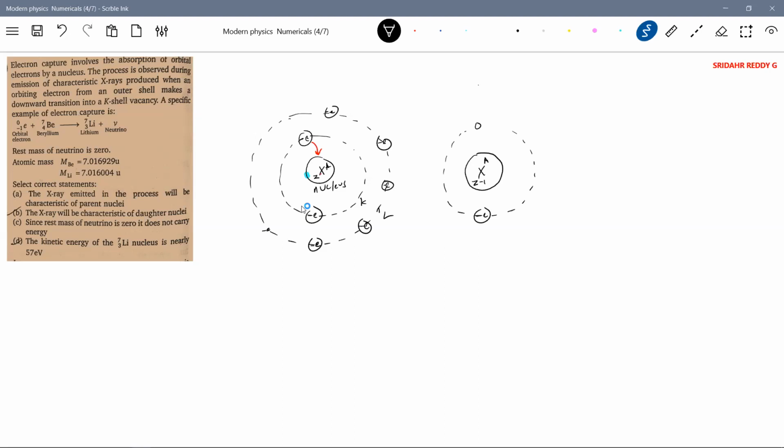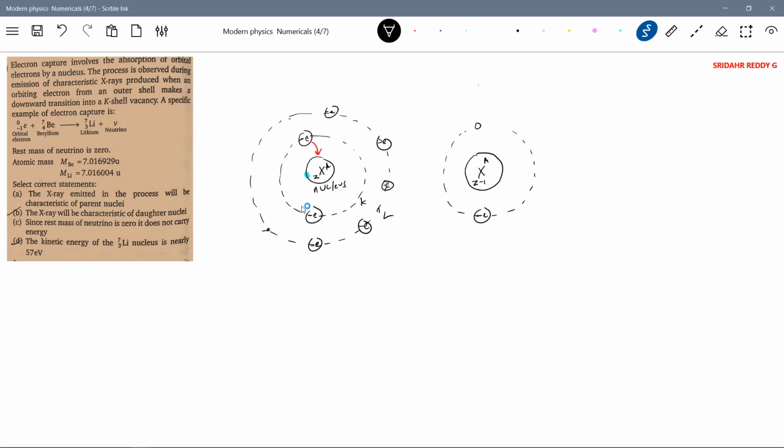Now the vacancy created in the K shell can be filled up by an electron transition from the L shell.